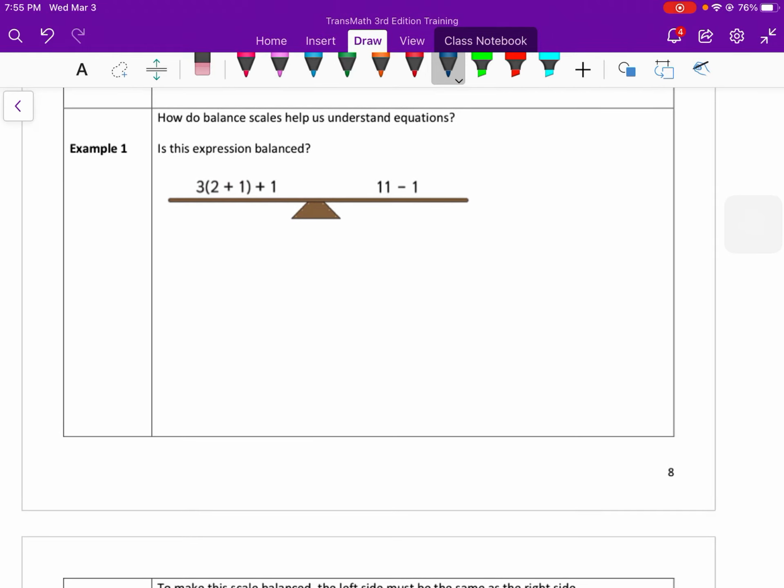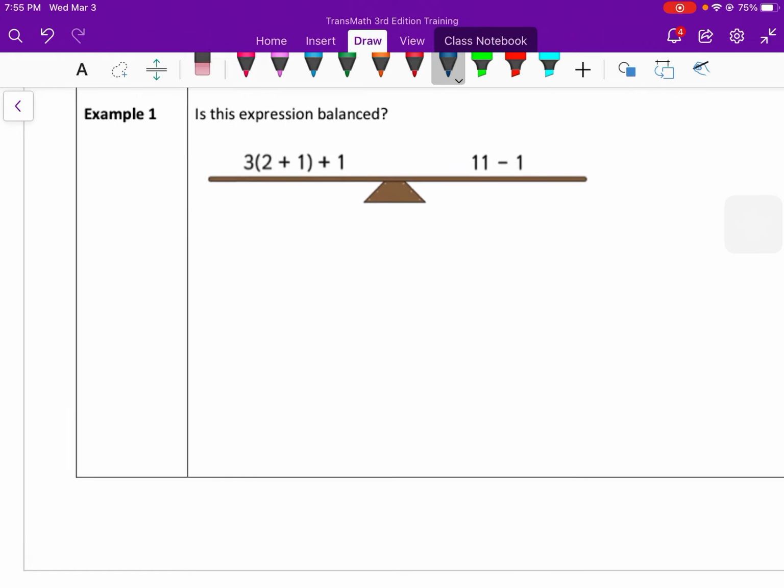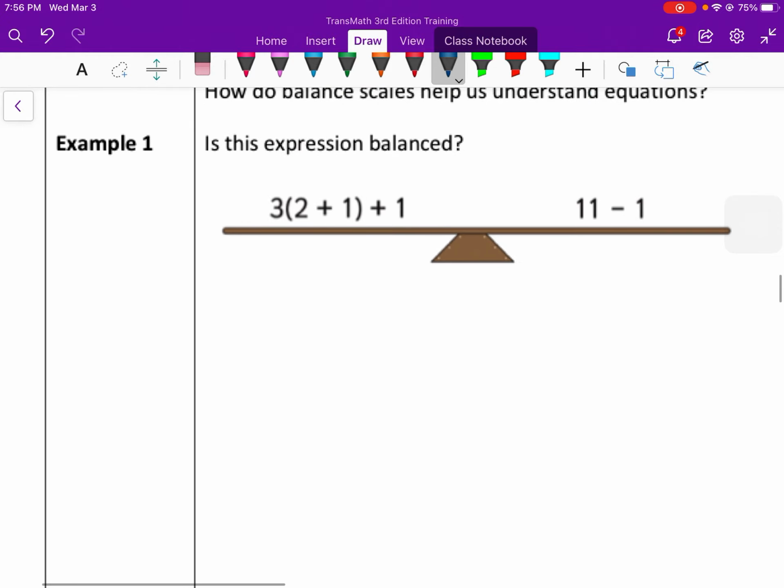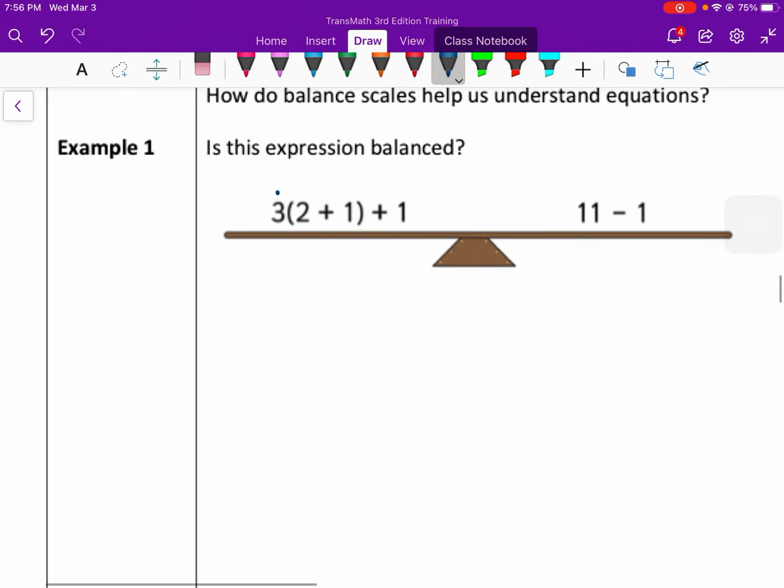Okay, so how do we balance scales to help us understand equations? Let's do the same thing we did yesterday with now some distribution as the first step on the left. We're going to distribute the 3 to each part. So it's 3 times 2 plus 3 times 1 plus 1.